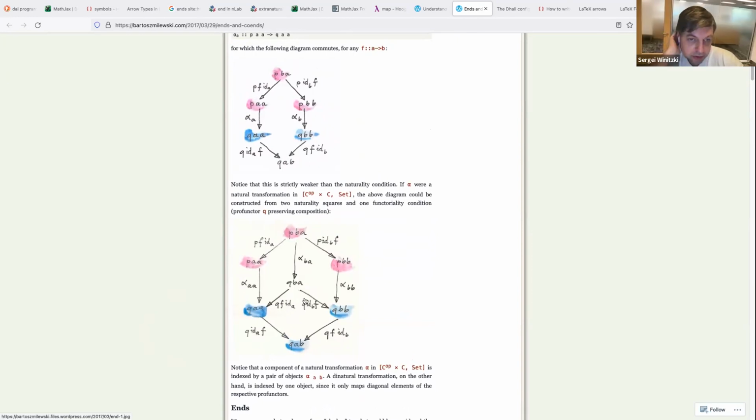You see, in the center of this diagram you have alpha BA, which means you're supposed to be able to transform PBA into QBA with arbitrary type parameters, not necessarily diagonal. And you usually don't have that.